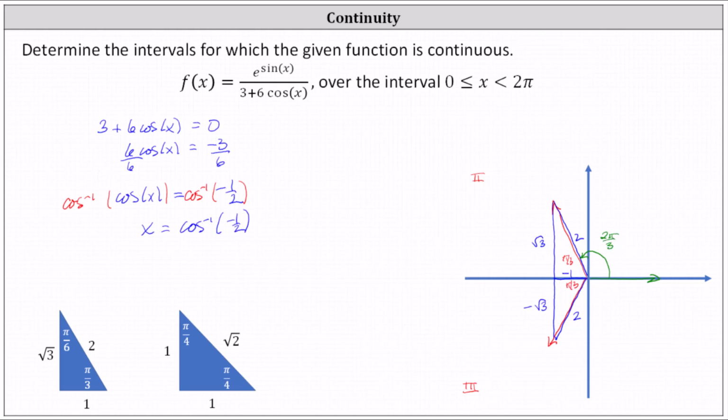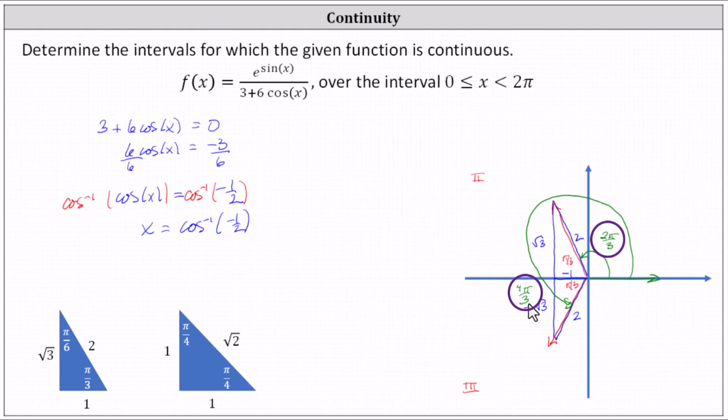The angle in the third quadrant is this angle here, that is pi divided by 3 radians more than pi radians, or 3/3 pi radians plus 1/3 pi radians, which is 4/3 pi radians, or 4 pi divided by 3 radians.